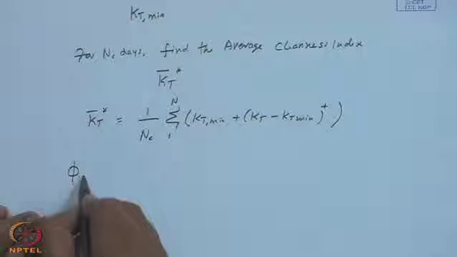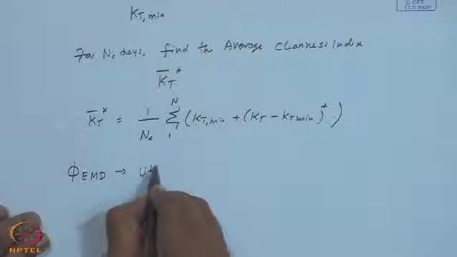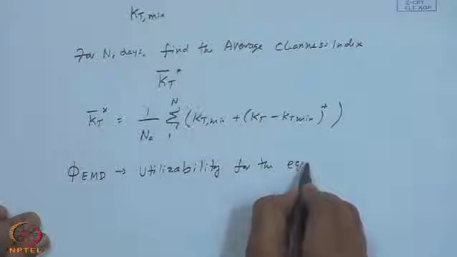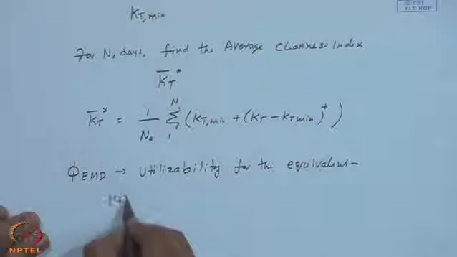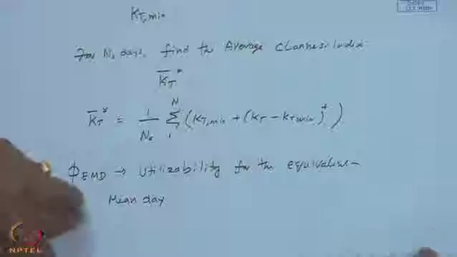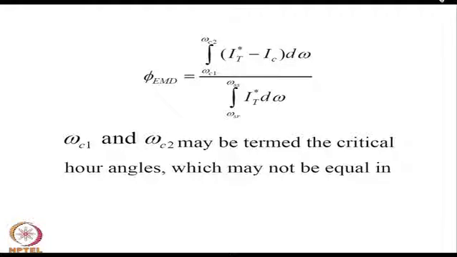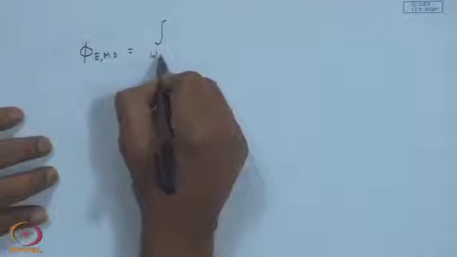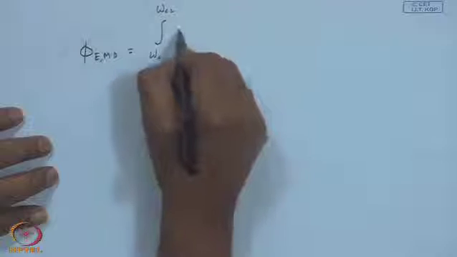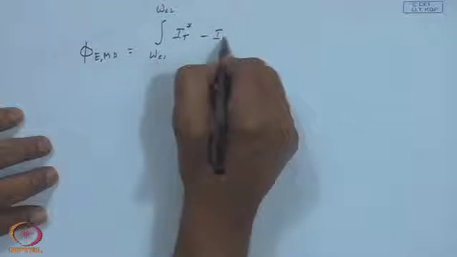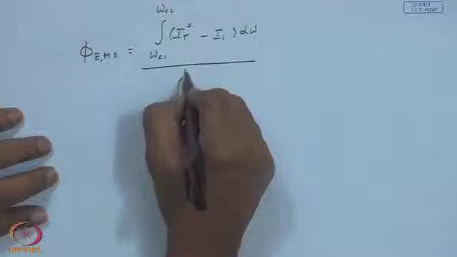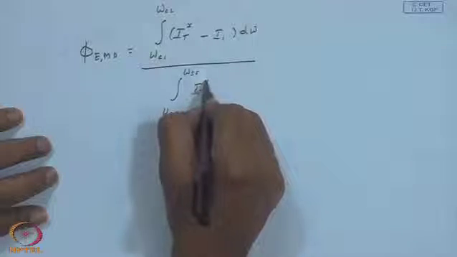So, the phi EMD, the utilizability for the equivalent mean day, one can express, because it is a single day, I can do it: integral omega C 1 to omega C 2 of I t star minus I c d omega, by integral apparent sunrise hour angle to apparent sunset hour angle of I t star d omega.